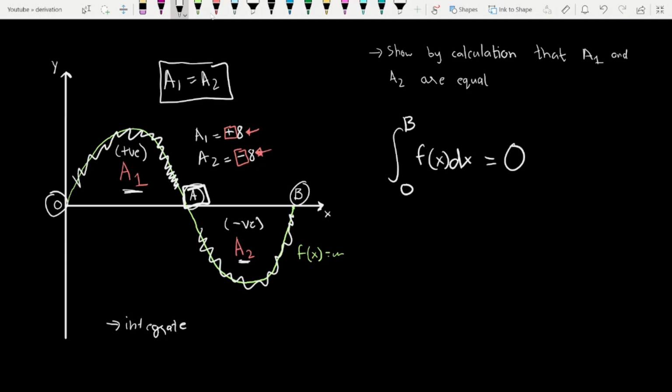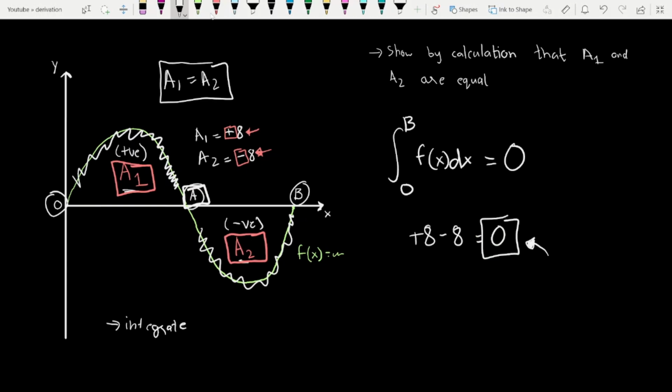Now, the reason that happens is because if you look at the first part, this part right here is going to be positive, this part right here is going to be negative, and obviously they're both equal to each other, so it's just going to be plus 8 minus 8, and you're going to get an answer of 0.